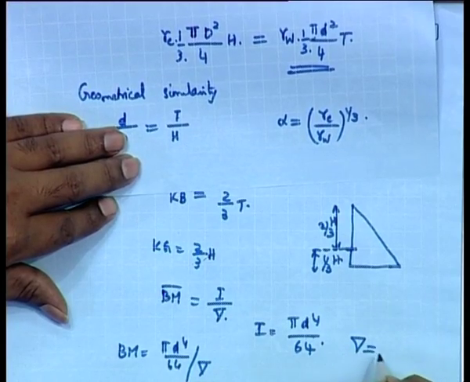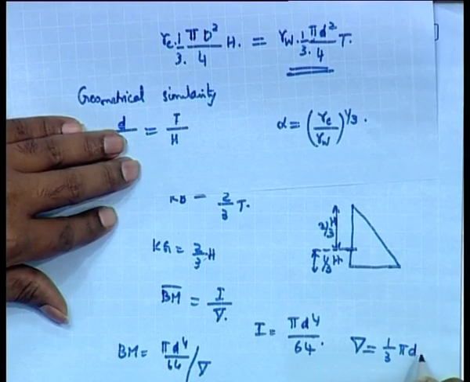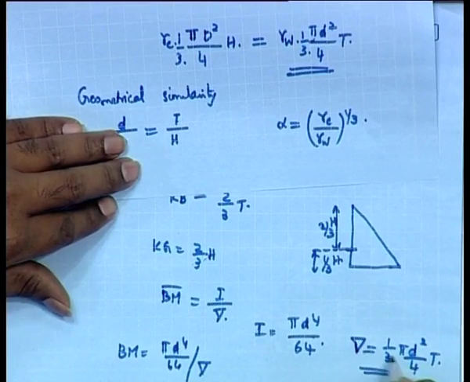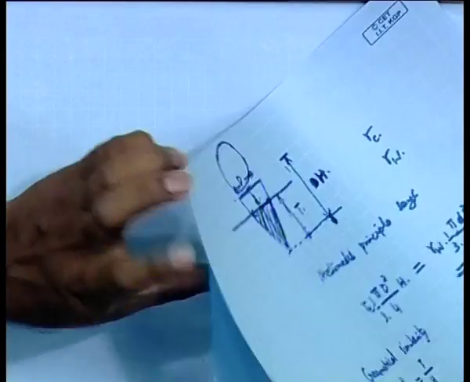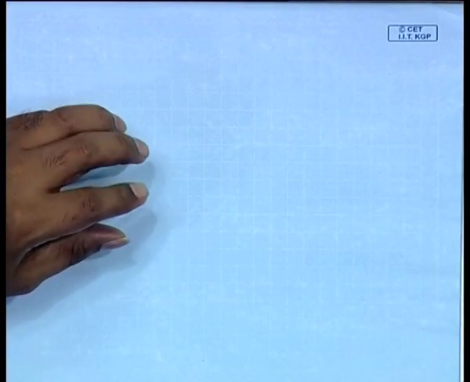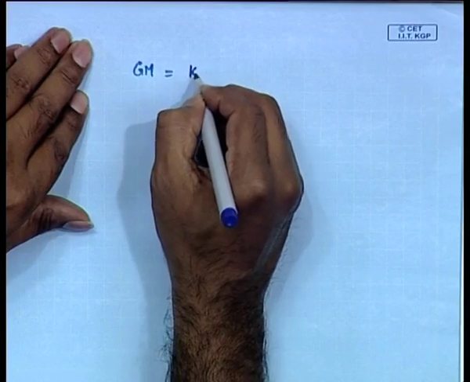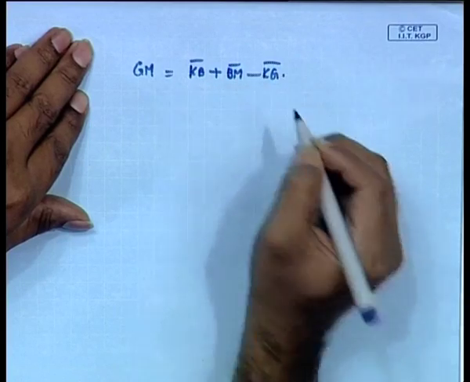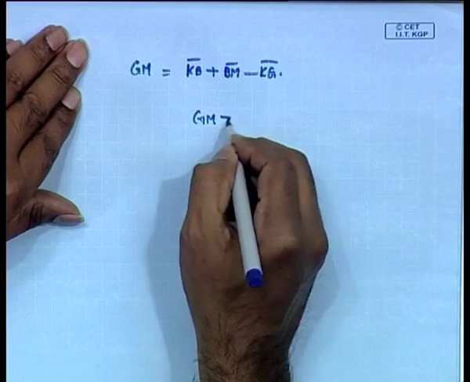Here del is equal to 1 by 3 pi d square by 4 into t. This is the underwater volume, I do not have to repeat it. When you do that, you will get BM for the whole thing. Once you have all those things, you can get GM as KB plus BM minus KG, and putting all these together gives the condition that GM should be greater than 0.